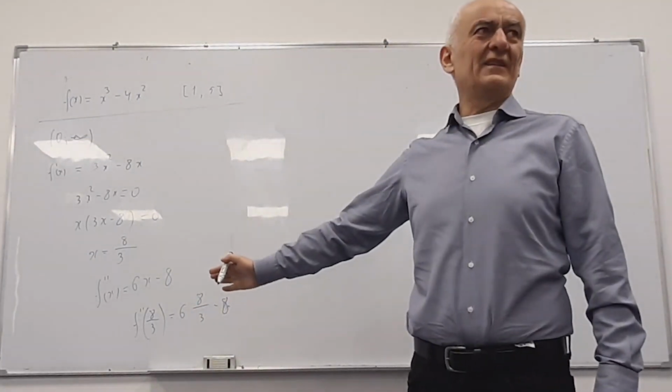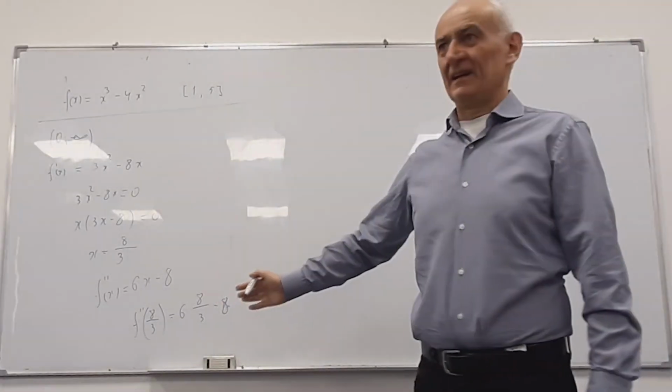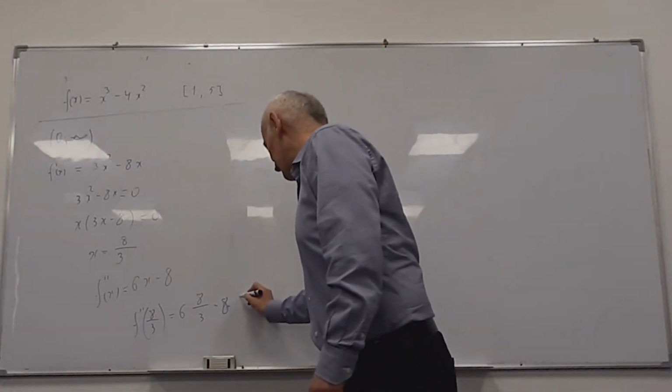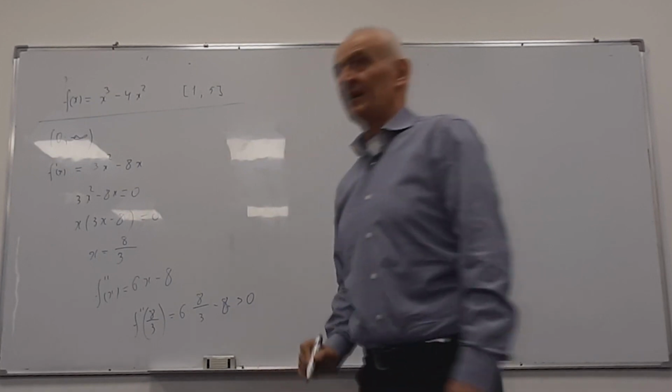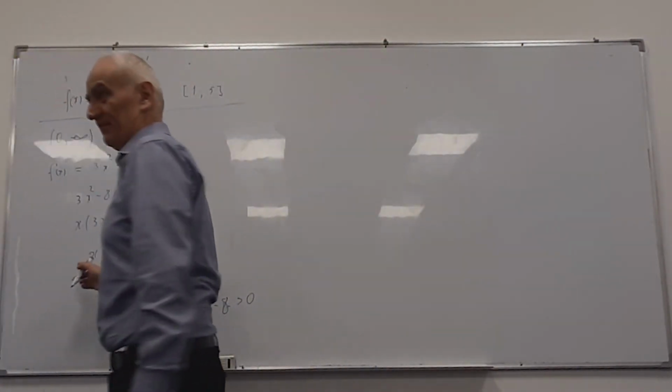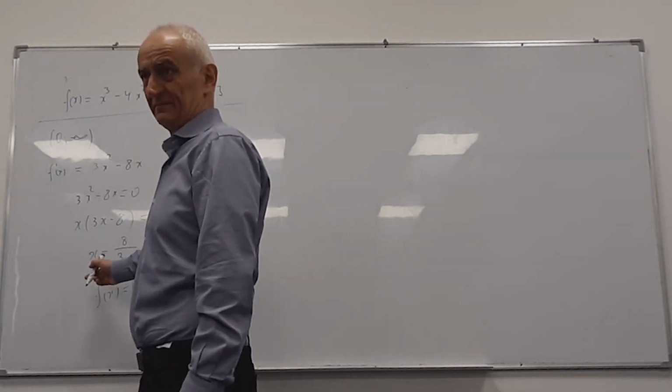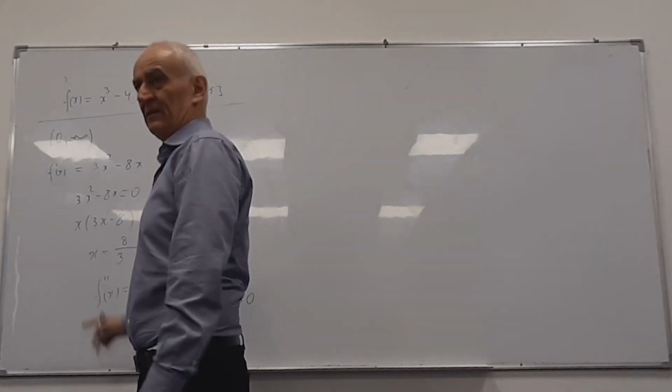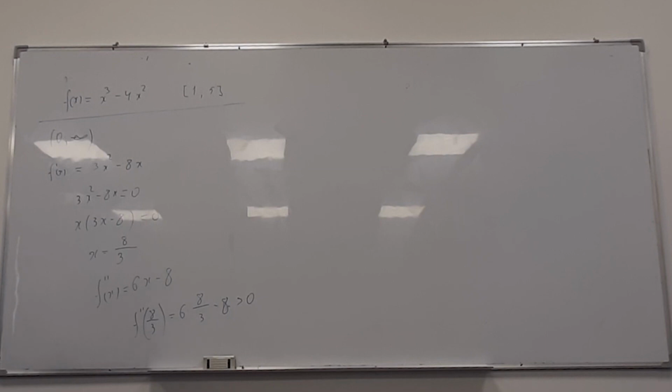I need to know just the sign, and it's clear that it's positive. So the second derivative is positive. What does it mean? It means this is a point of minimum.